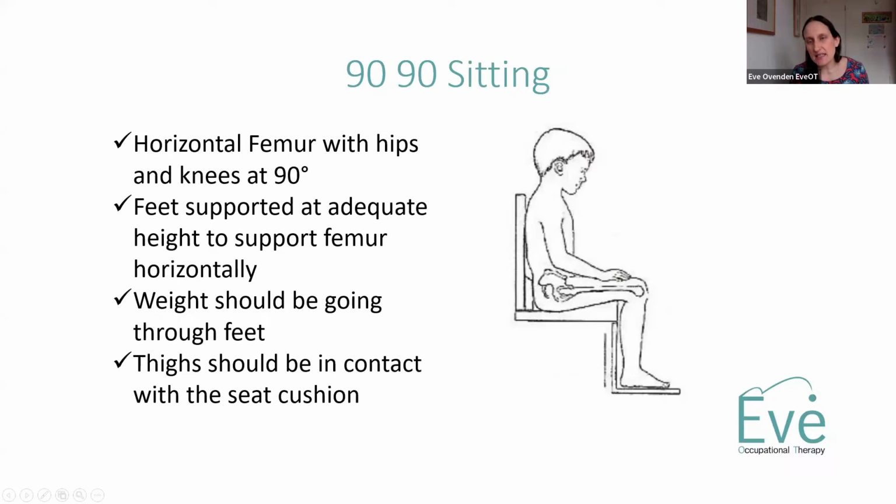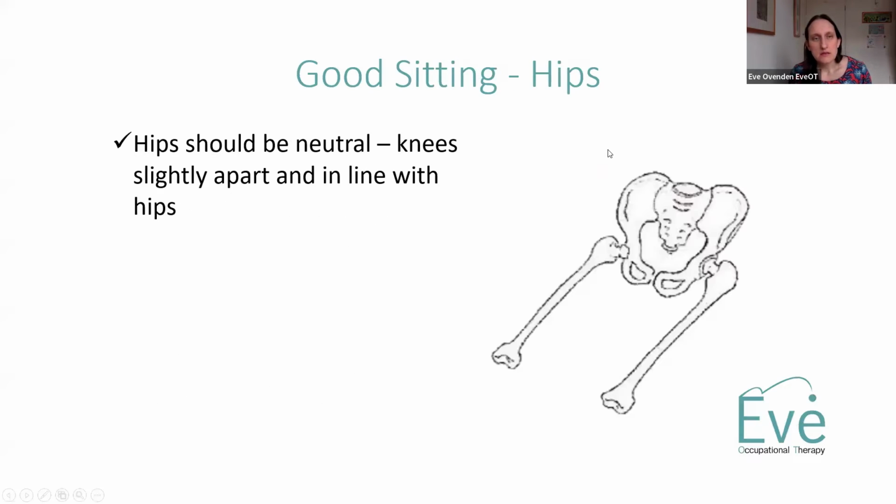We look for a 90-90 seating position where possible, and that's where the knees are at 90 degrees with the feet supported with adequate weight to support the femur horizontally. So we want them to be putting some weight through their feet, but also through the bottom and the thighs. Hips should be neutral with knees slightly apart and in line with the hips.